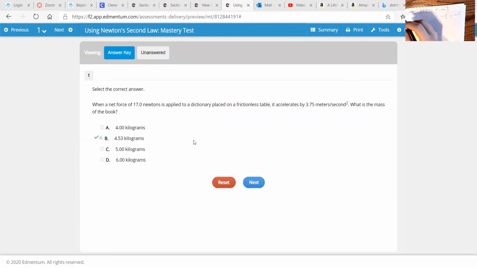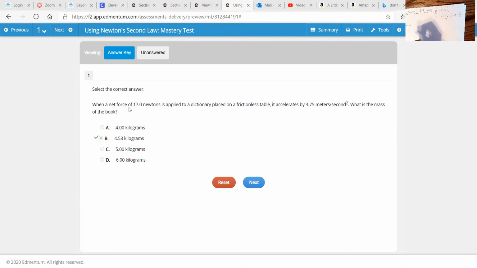So the first question. When a net force of 17 newtons is applied to a dictionary placed on a frictionless table, it accelerates by 3.75 meters per second squared. What is the mass of the book? Okay. So remember, I said F equals ma. Well, what information are we given?